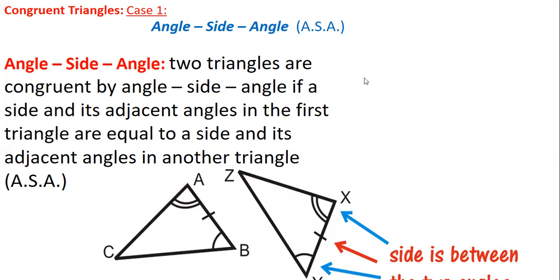This is how we prove ASA. Again, what do we mean by side and its adjacent angles? As I discussed here, for example, side XY has two adjacent angles. On any side, we have two adjacent angles. ZXY, ZYX are the adjacent angles.